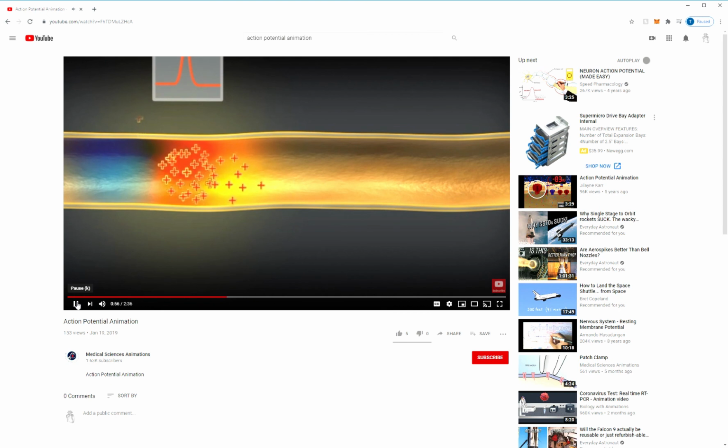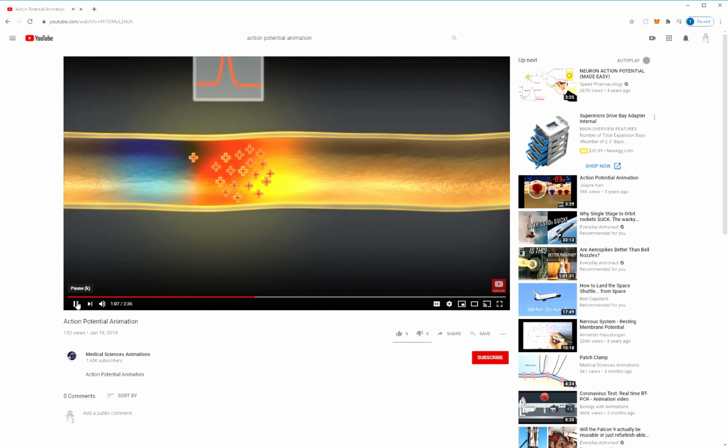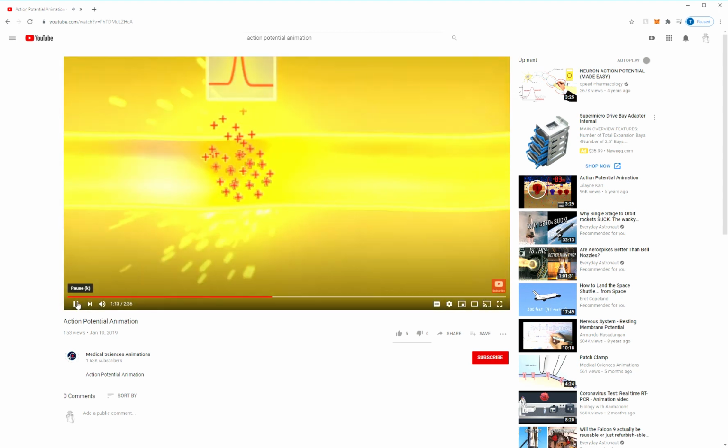Now we get that big depolarization spike. This is an action potential. Some of those ions float to the adjacent patch of membrane, depolarizing it. Eventually that area will be depolarized so much that threshold will be reached there as well, and we get another big depolarization spike when those voltage-gated sodium channels open up.